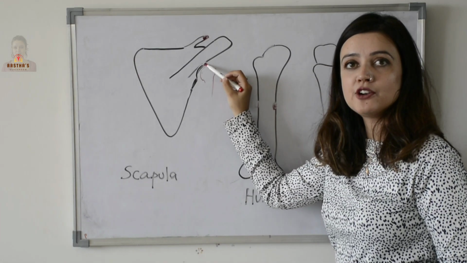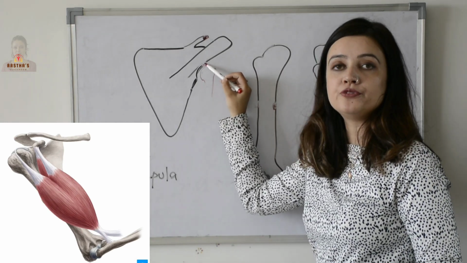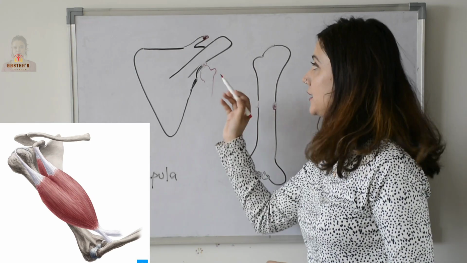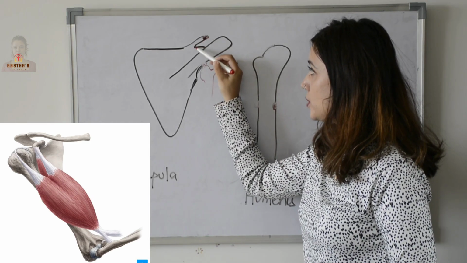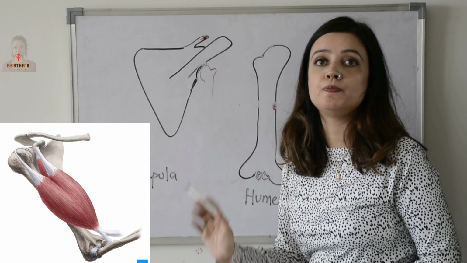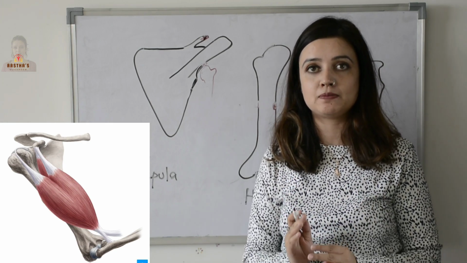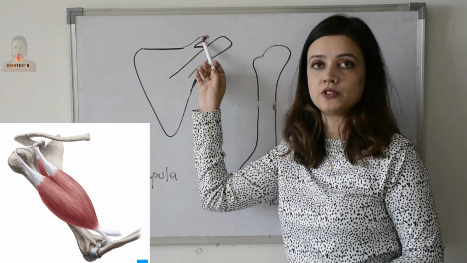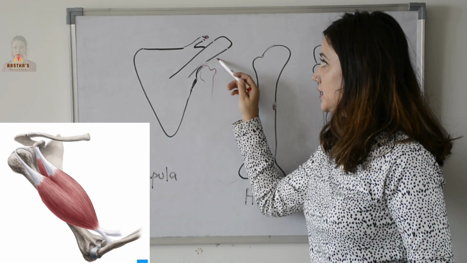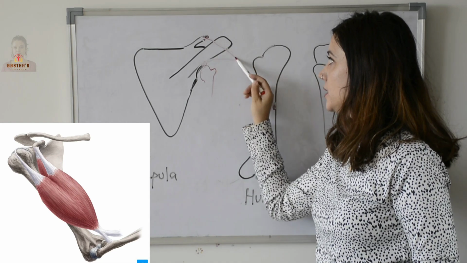So in the glenoid cavity we have supraglenoid tubercle and infraglenoid tubercle. So the long head of biceps originates from the supraglenoid tubercle of the scapula, whereas the short head of biceps comes from the coracoid process along with coracobrachialis muscle. Now from both the sides, these long and short heads of biceps come down.